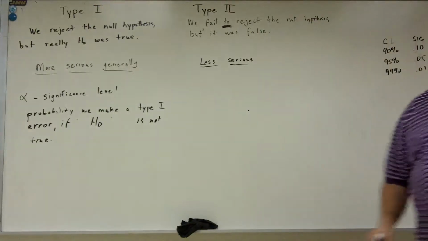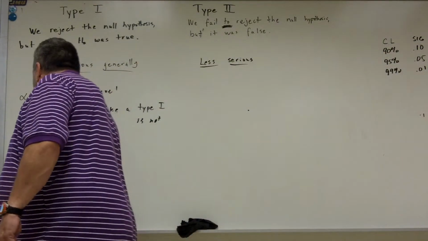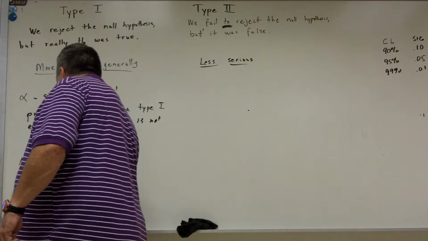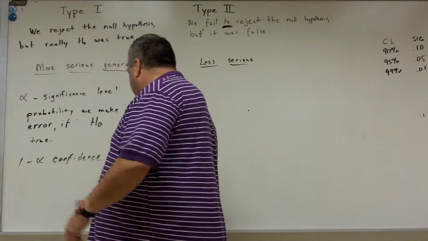Now, it's got a buddy. 1 minus alpha is called the confidence level, which is just like 95% or whatever.